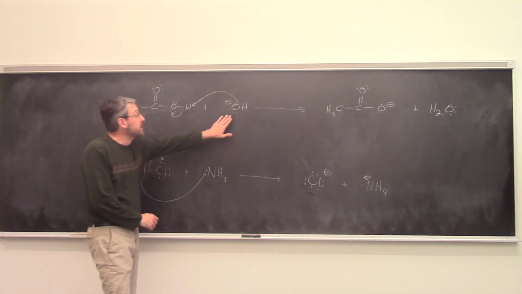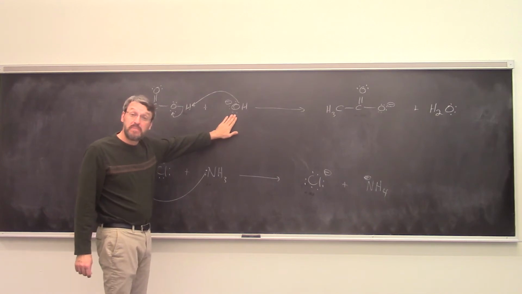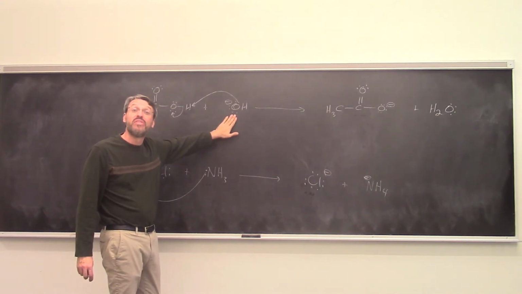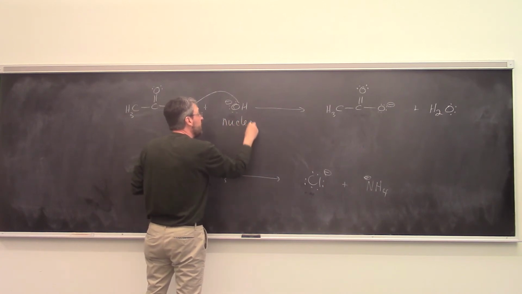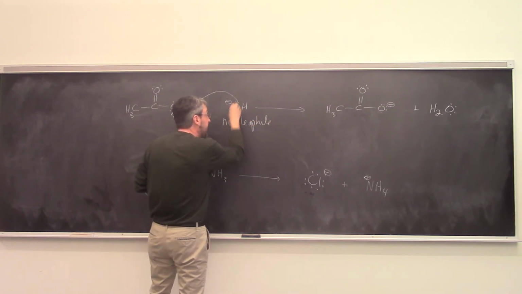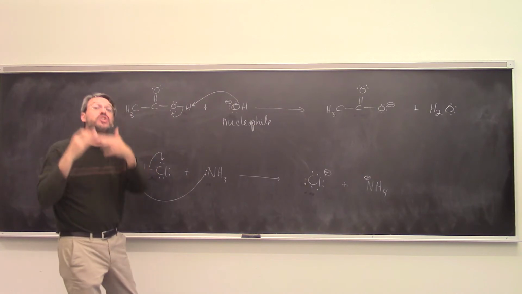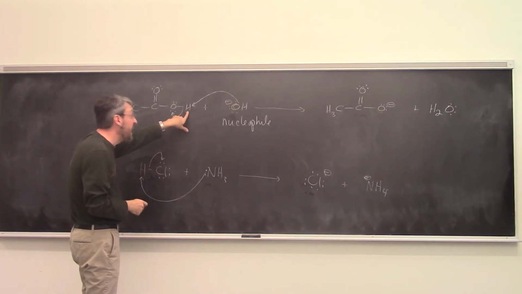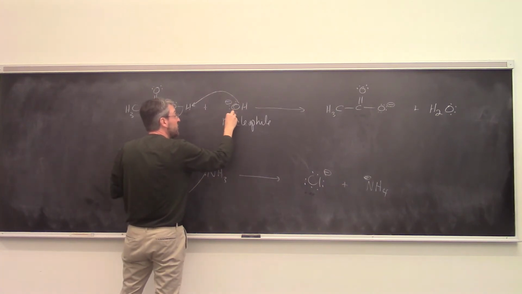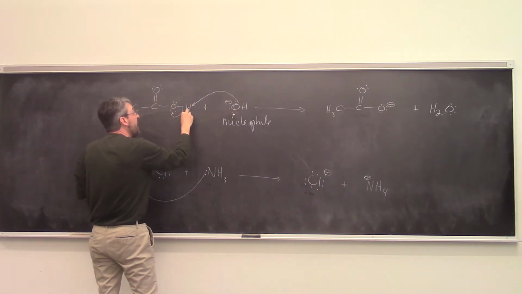And remember, a Lewis base is typically also the Bronsted base, and we call that a nucleophile. So this OH would be the nucleophile, aka the Lewis base. It's the thing donating the electrons or using its electrons. So that would be this oxygen here with its lone pairs. This hydrogen here is going to be the electrophile.